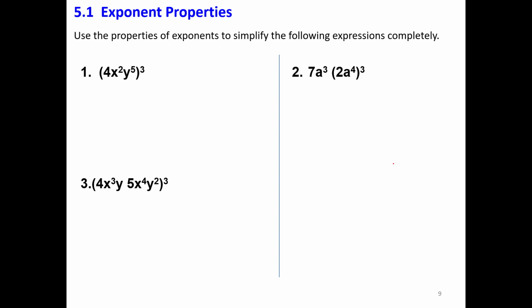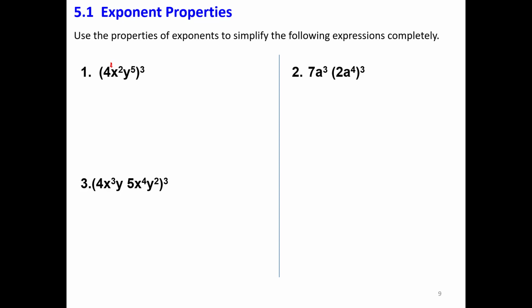And let's solve the first problem. Yes. Then we had in this case power of a power. Now just here it is important to remember, this is a common mistake, if you had a number inside of the parentheses, as in this case, we have to raise to the third power not only the variables but also the number. Because here 4 doesn't have any exponent, we know it's 1.